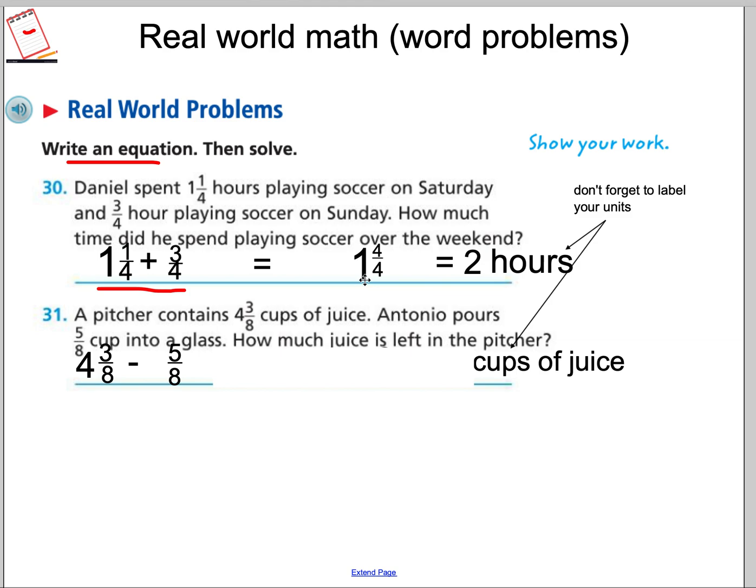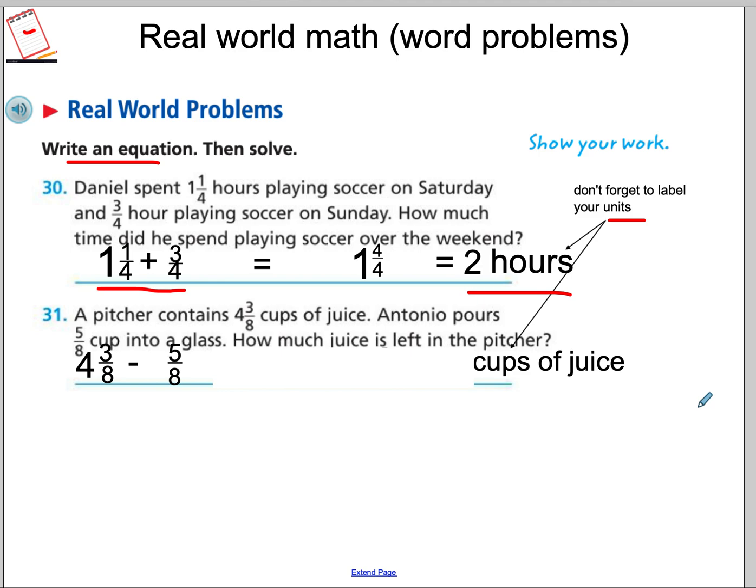That is a correct answer. 1 4/4 works. But if we have a fraction that becomes a new whole number, we actually have another extra hour. So 1 hour plus the 4/4 gets us 2 hours. And like I said here, don't forget to include your units when you're writing, especially word problems. So we have 2 hours.